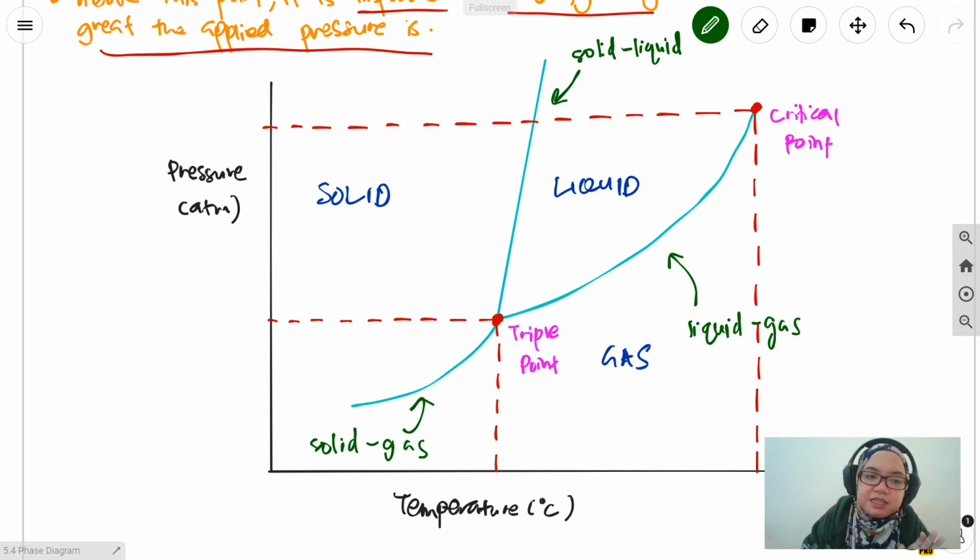The x-axis is pressure in atm or kPa or any unit, but usually we use atm, and temperature is in degrees Celsius, or we may use Kelvin, it doesn't matter. And when we sketch the phase diagram, we don't need to follow the scale exactly. Okay, we just sketch it.